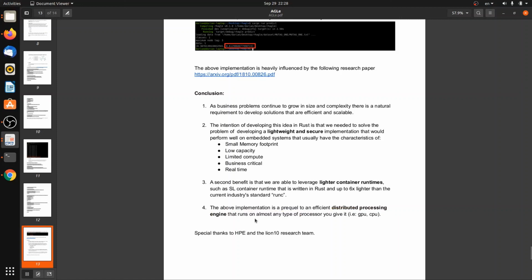We want our distributed processing engine to be efficient and pretty much run on any processor you give it: silicon, semiconductor, transistor-based processor, so to speak. What we just showed is a prequel to this distributed processing engine.